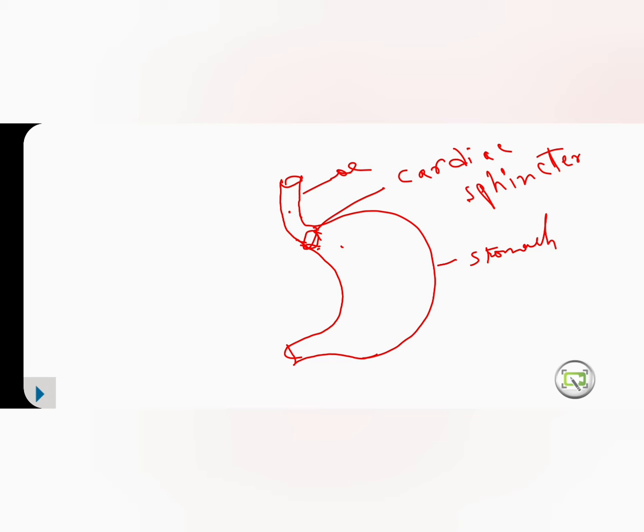So it can be kept in memory easily if we know the three parts of the stomach. Stomach contains three parts. The first part is cardiac stomach. The middle one is fundic stomach or fundus. And the third one and the terminal part is pyloric stomach.